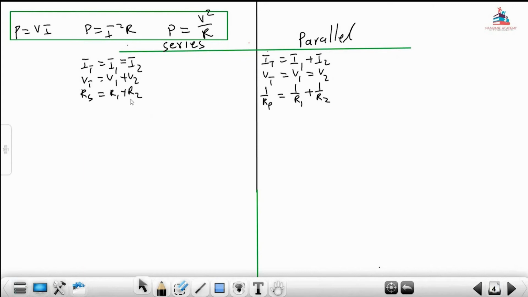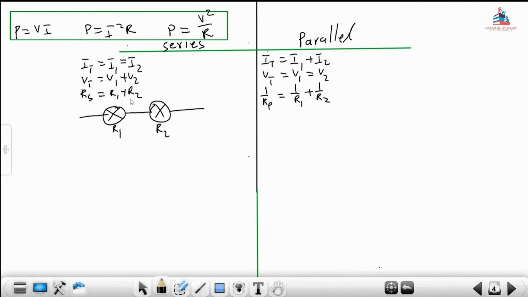The first thing to understand is, allow me to draw a circuit quickly with R1 and R2. Or let's have bulbs for us to explain in terms of brightness. So I will have bulb 1 with a wire inside, so will still be R1. I will have another bulb, which is now R2.